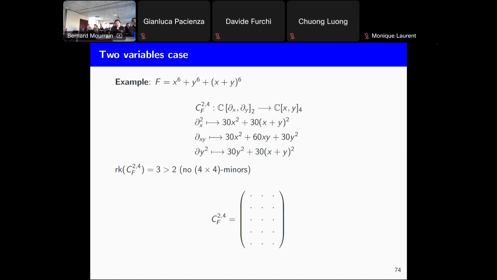Okay. And if I do the second catalecticant, I go from partials of order 2 to polynomials of degree 4, and this space has dimension 3. And the rank of the catalecticant will be 3. And again, I don't see the 4x4 minors.